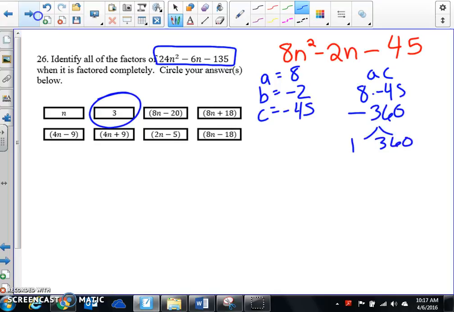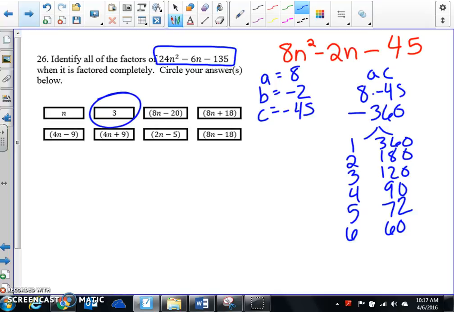All right, let's do these quick. 1, 360. 2, 180. 3, 120. 4, 90. Divided by 5, 5, 72. 6, 60. 7, I don't know. No, 8. 9, 40. 10, 36.